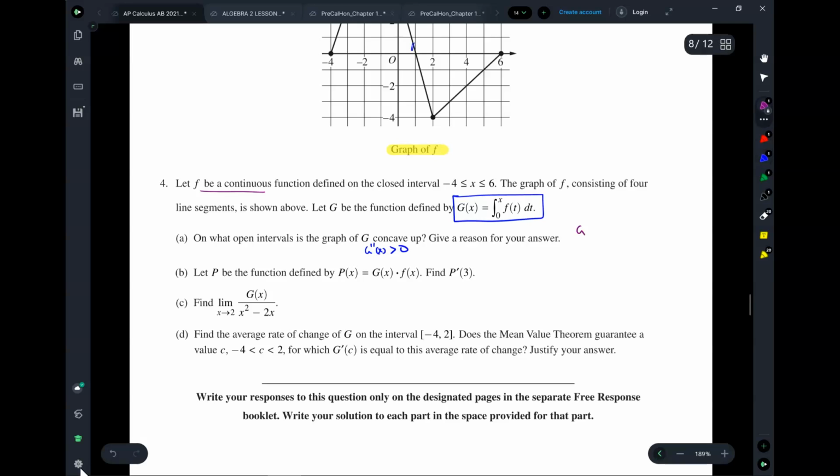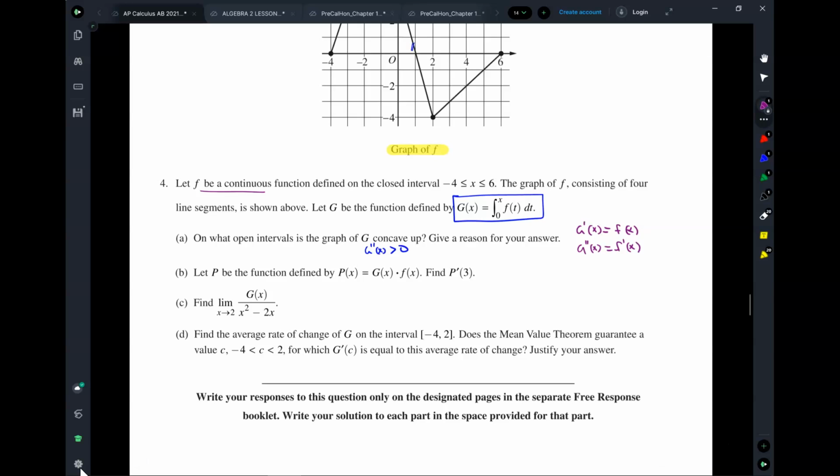Okay? G prime of x is the derivative of this, which is just f of x. That's what I'm getting at. So g prime is the derivative of this, and the derivative of an integral is always the inside. So that's f of x. G double prime of x, then, is f prime of x.